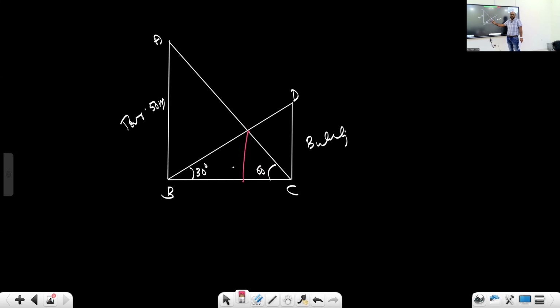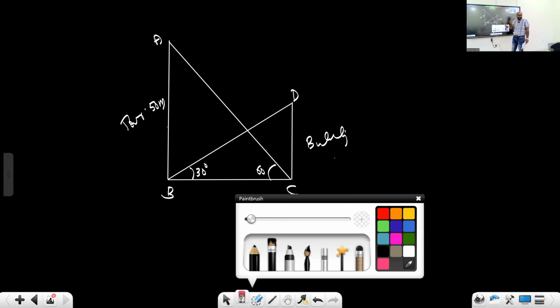We found this one, and one question I put in the group also: 1 by x plus 1 by y equal to 1 by h. Like the similarity, trigonometry and similarity together they can make it. As a case study, I'm thinking about it. Anyway, I'm planning to add many new questions, that's why in between I'm adding many questions in the group.